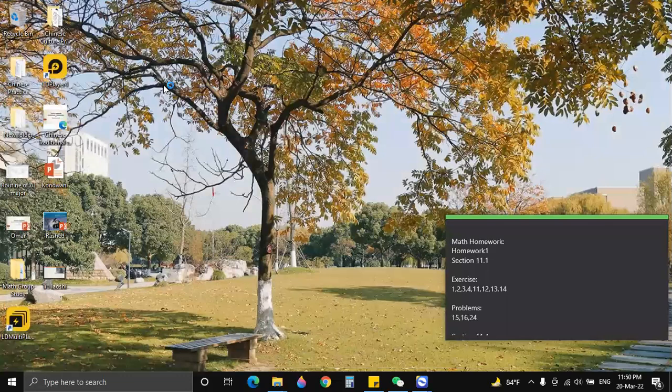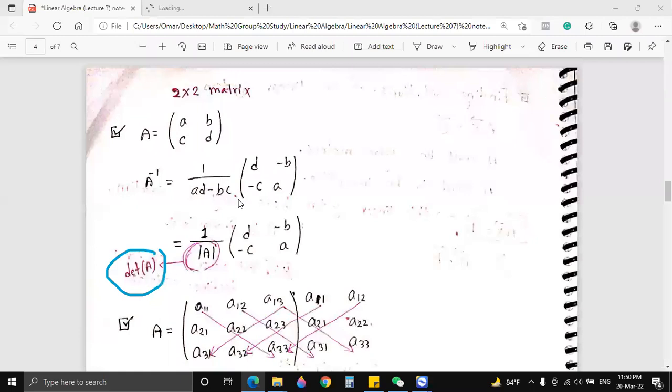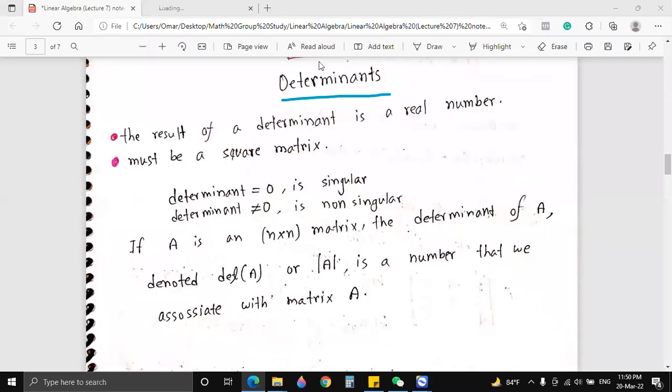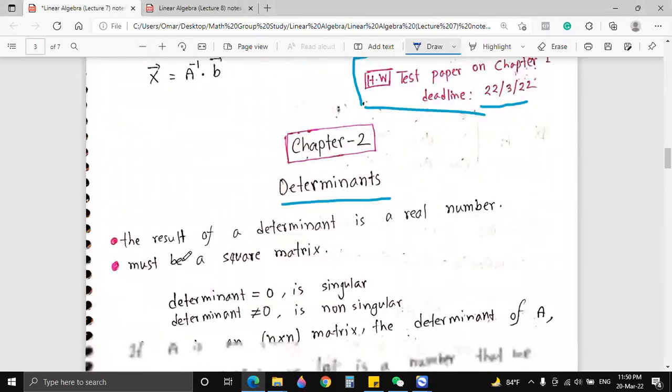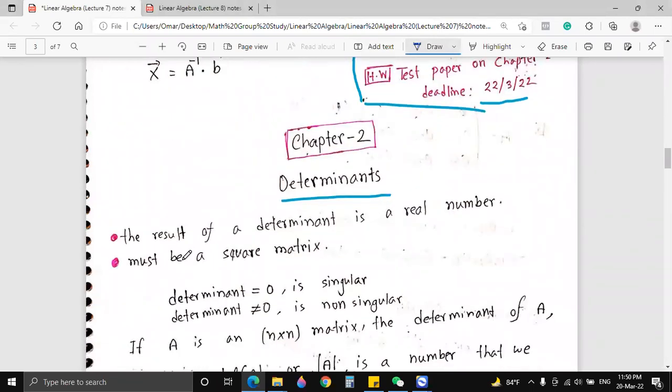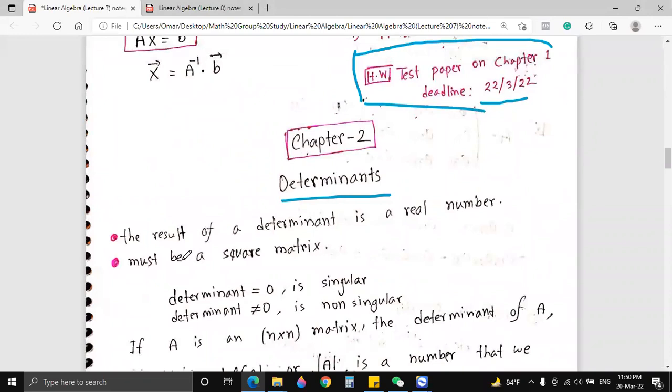Lecture 7. So now we will learn determinant. The result of a determinant is a real number, just a number. And to find determinants, it must be a square matrix.